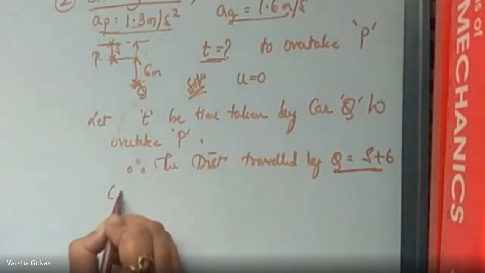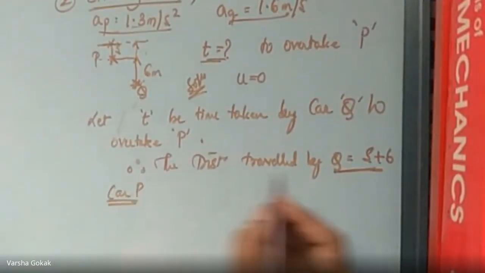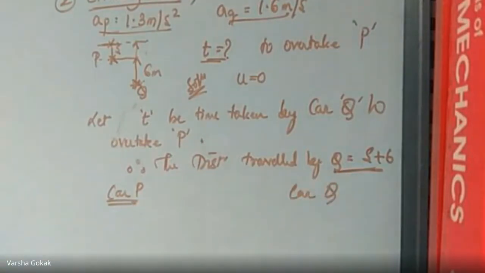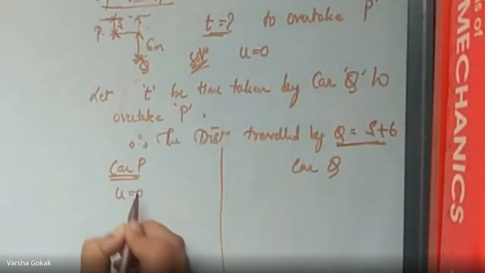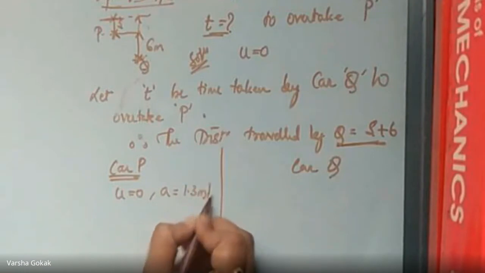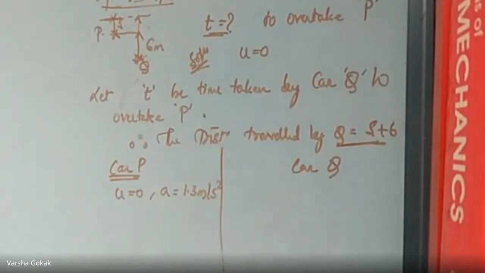So let us do simultaneously. Say for car P and this is for car Q. Okay, parallel we will do. So when we are doing for car P with u equal to 0 and acceleration equal to 1.3 meter per second square, the equation is S equal to ut plus half at square.